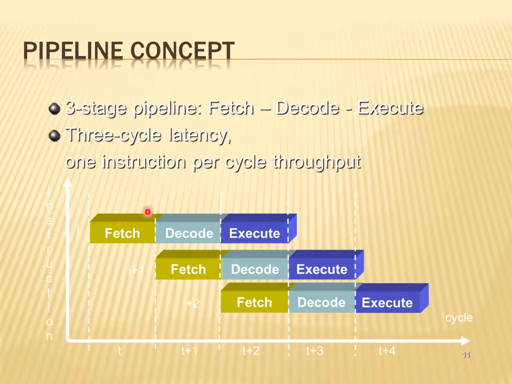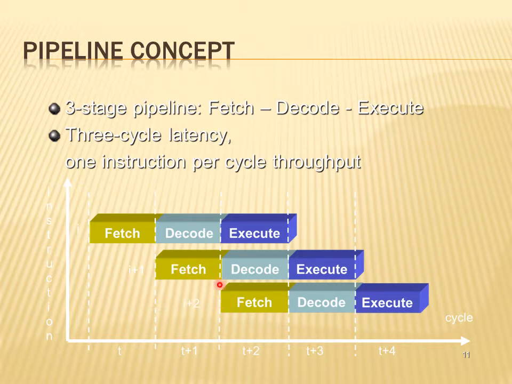In the third machine cycle, the first instruction goes to the executing stage, the second goes to decoding, and the third instruction is fetched.